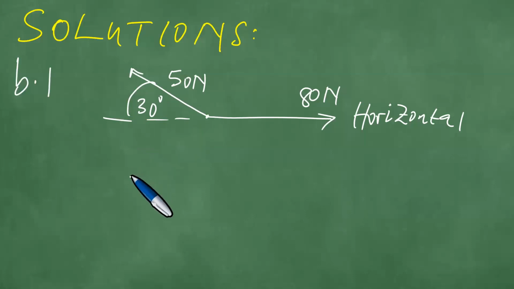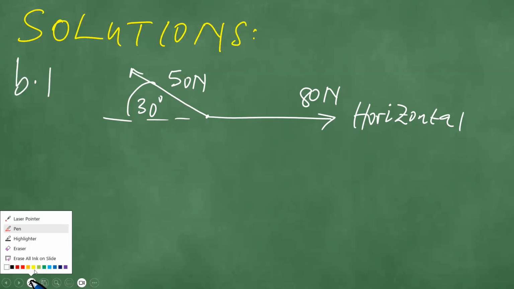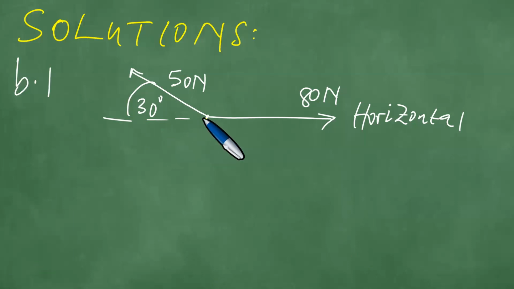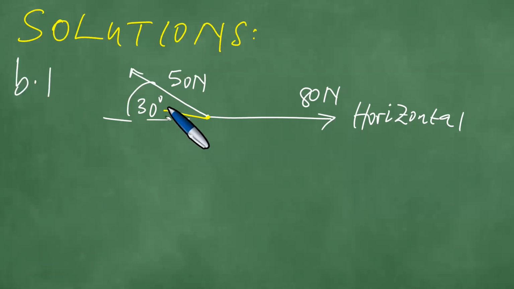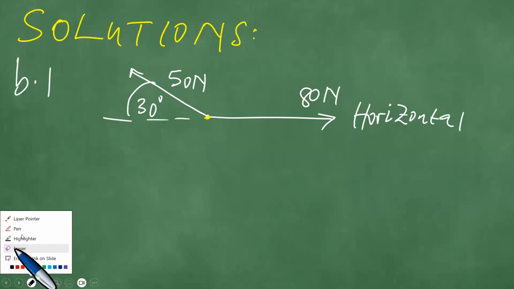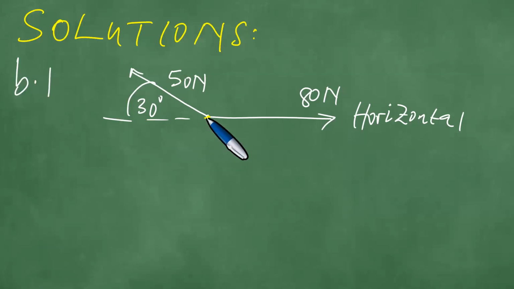So the couple of things we need to note, but also we need to remember, okay? And I'm going to draw sort of a diagram here. The components. So at this point, what you need to look at is the horizontal component of the 50 Newton force.